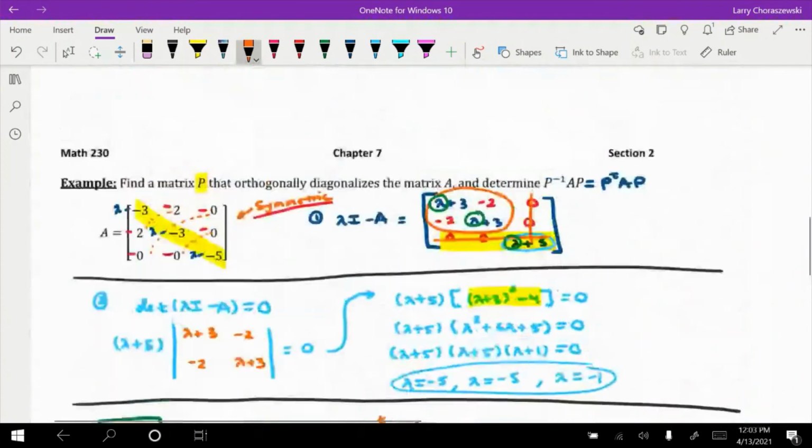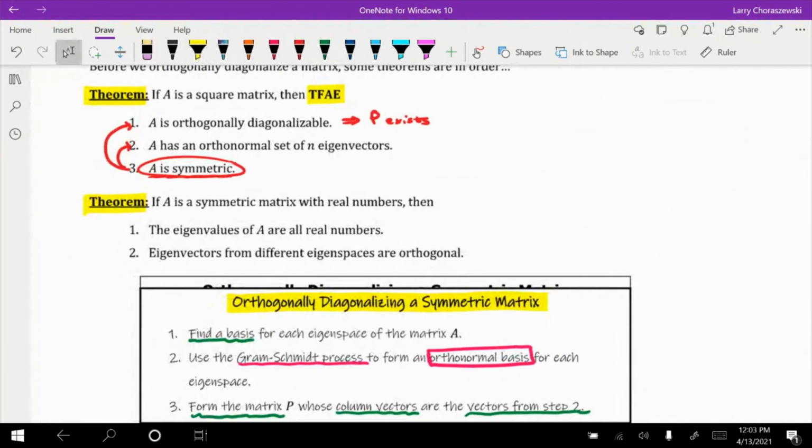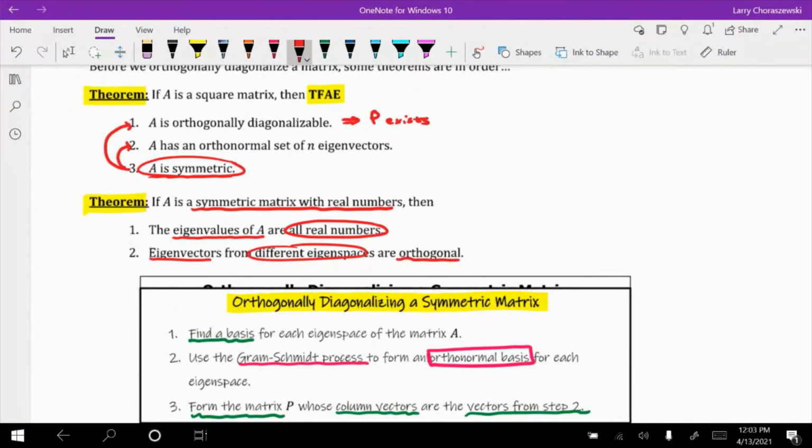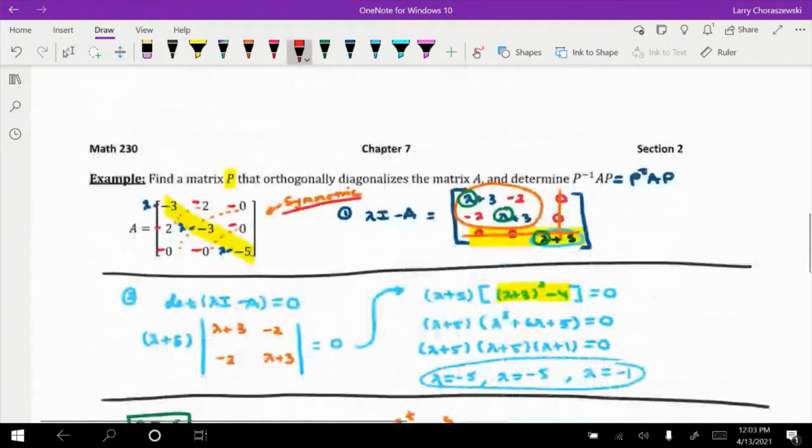The results of the second theorem say this: if A is a symmetric matrix with real numbers, then the eigenvalues of the matrix A are all real numbers. And it says that eigenvectors from different eigenspaces are orthogonal. Let's go back to our example.